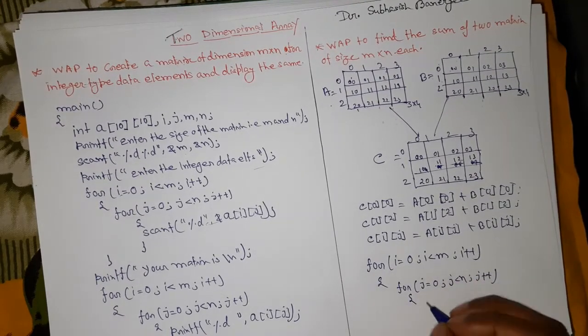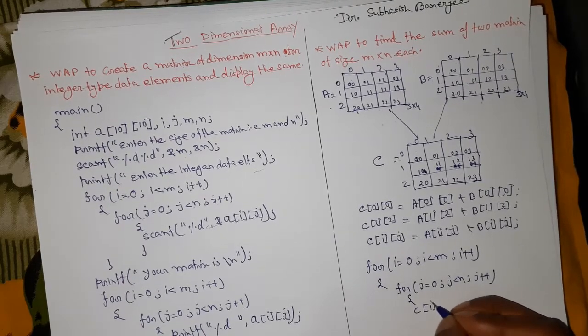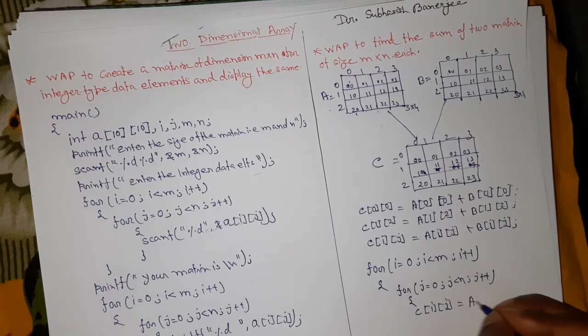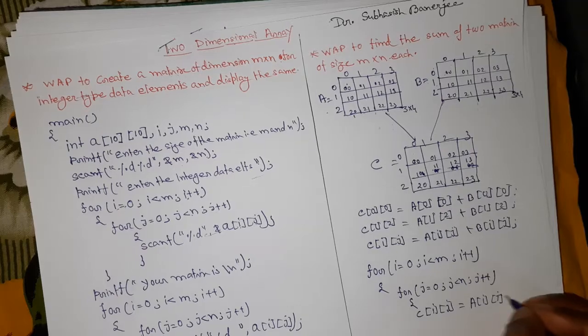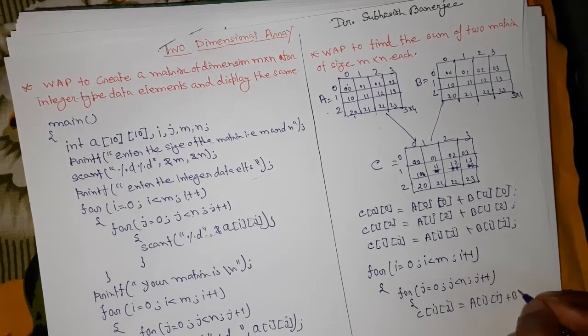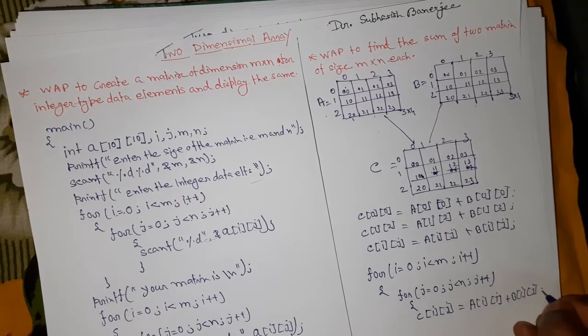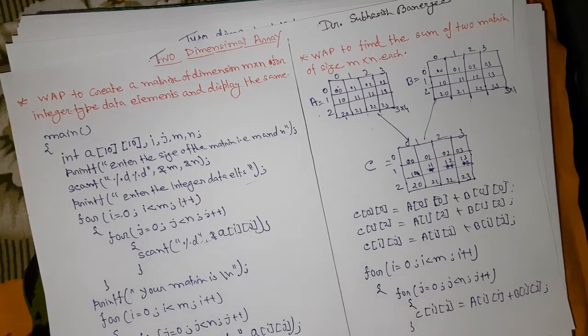And for finding the resultant matrix for the ith row and the jth column, it is nothing but the addition of A ith row and jth column plus B ith row and jth column. That's it. You will have a resultant matrix Cij.